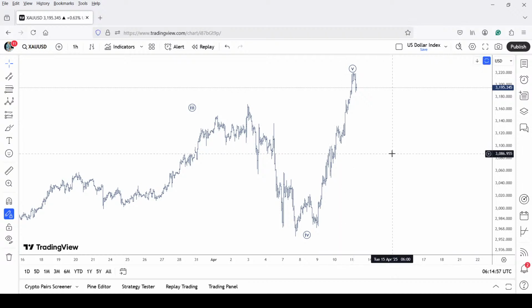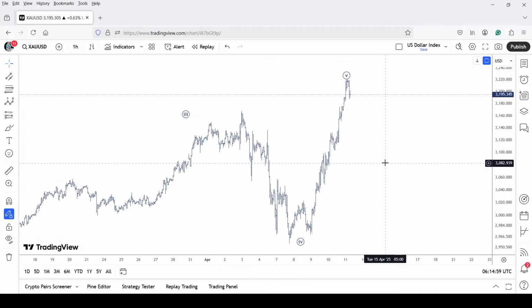So the hourly chart is suggesting that the third wave was extended, and we've got wave 1, wave 2, wave 3. I think the third wave is still progressing, or the fifth wave is extending.